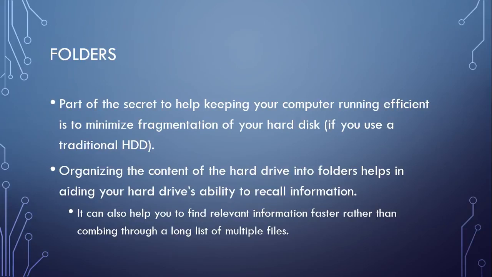So obviously it's going to be a lot better if, instead of having to comb through 200 documents, you put them into, let's say, 10 different folders, and I know it's going to be relevant to folder B, so I'm just going to go to folder B, and maybe folder B only has 20 documents. 20 documents is a whole lot better to look through to find something than 200.